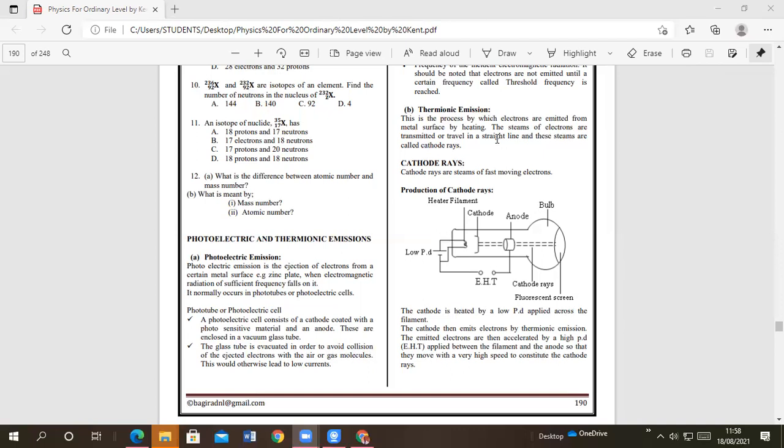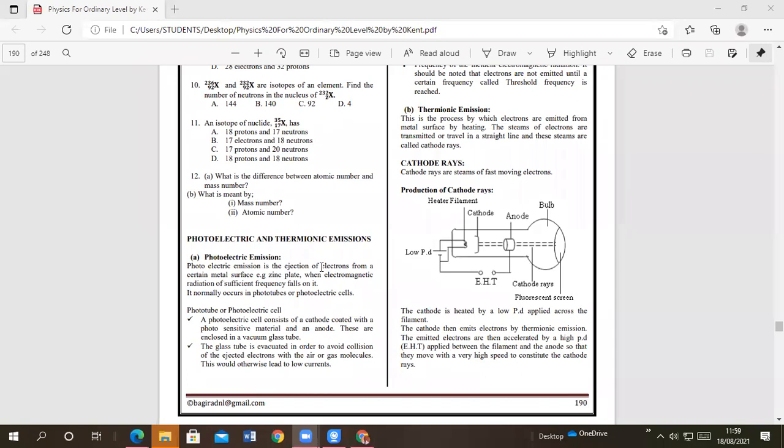Not all metals, but specific metals. And zinc is one of the metals that can emit electrons whenever a radiation like light falls on it. It emits electrons. What are electrons?